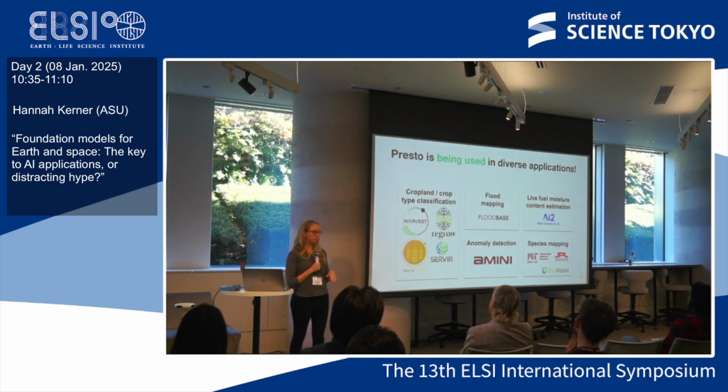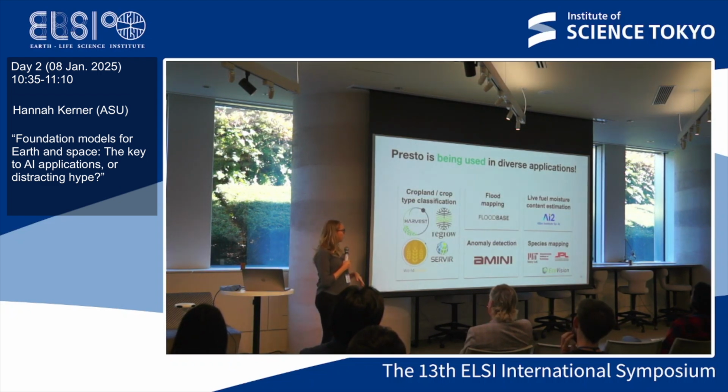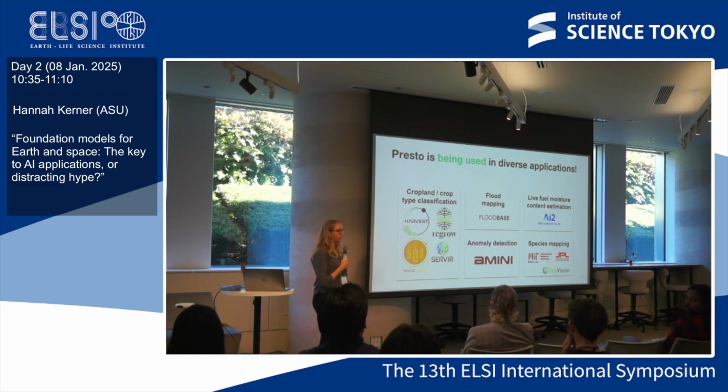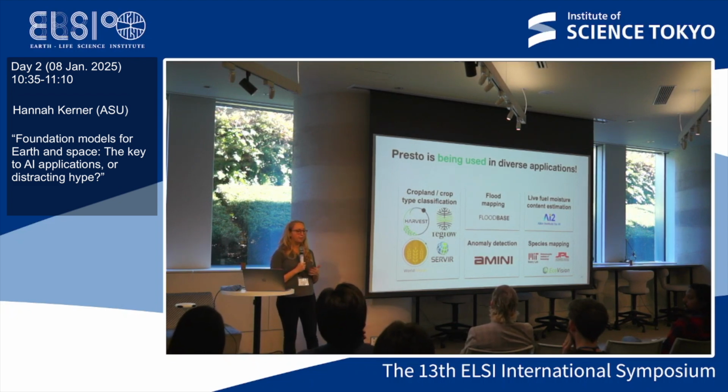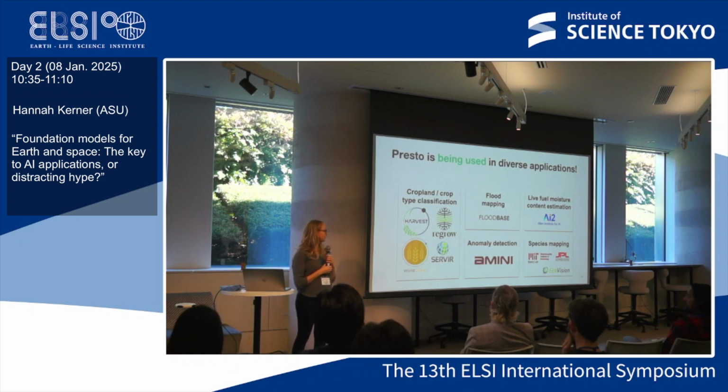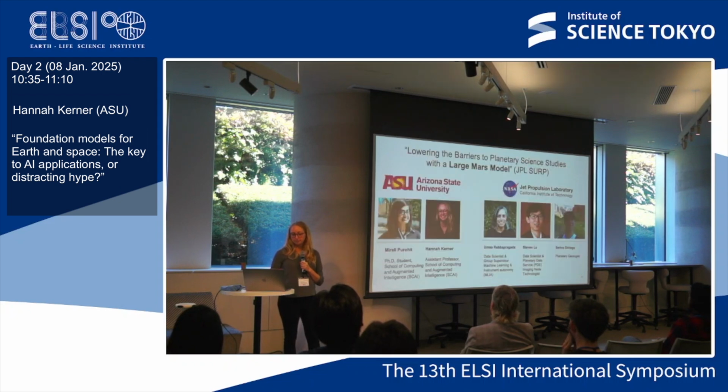And we've worked with many other people who have adopted Presto in commercial companies like Regrow Agriculture, or Floodbase for flood mapping. Allen AI Institute is using it for wildfire fuel estimation, species distribution mapping at JPL and other places. So lots of different end users have adopted it.